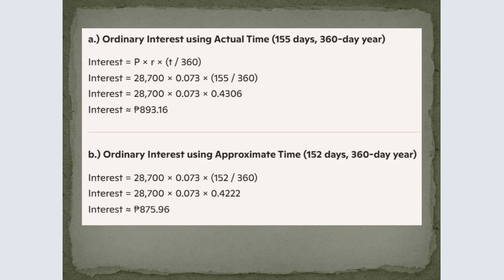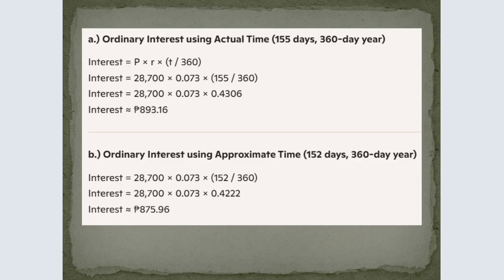The value of our P is 28,700 times 0.073 times 155 actual time divided by 360 ordinary. So that will give us the interest of 893.16.